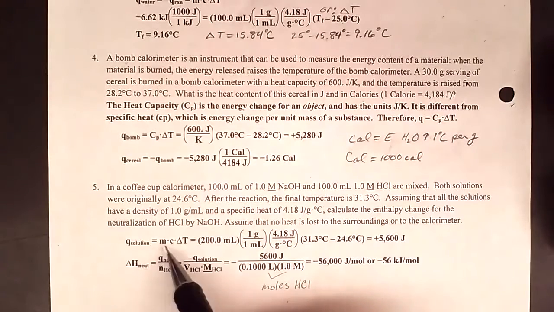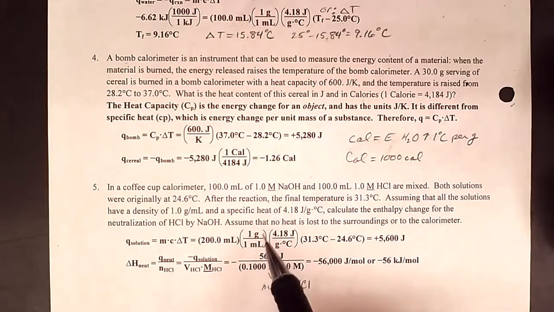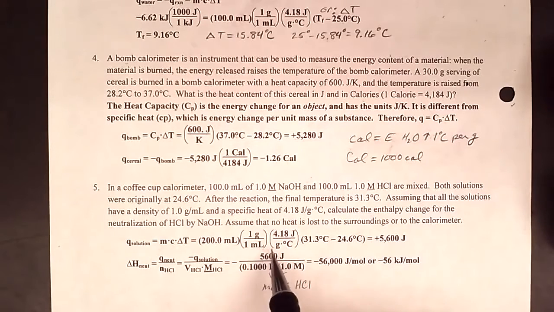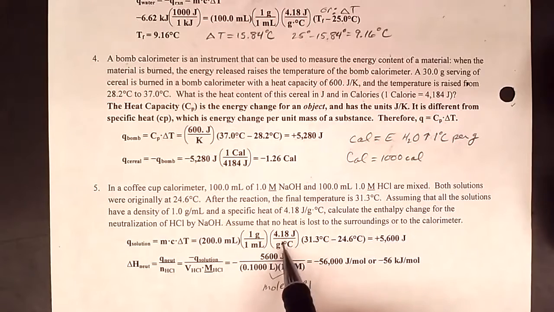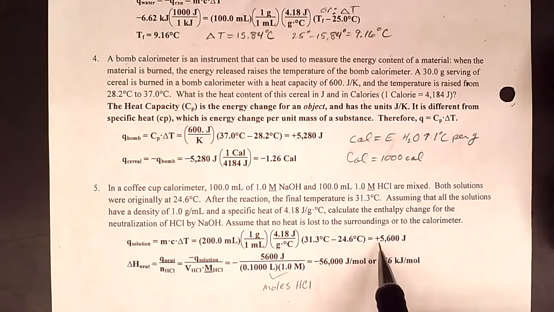We know that Q equals mc delta T, and they told me milliliters of solution and told me to assume that it's close enough to 1 gram per milliliter as to make no difference. So this will give me grams of solution, or water, essentially. This is the specific heat of water. This gives me the joules then it would take to run this much water up this change. We know the temperature went up, so we get a positive value in joules for the change in water.